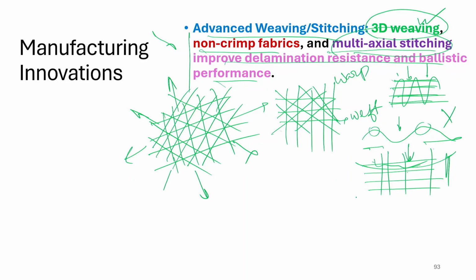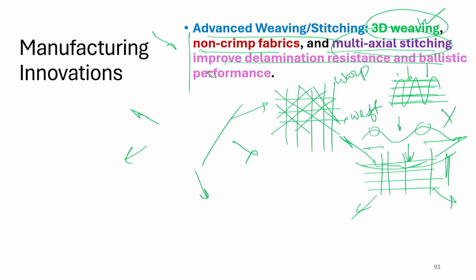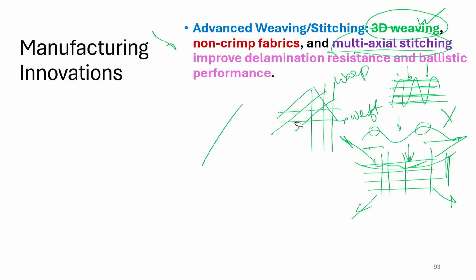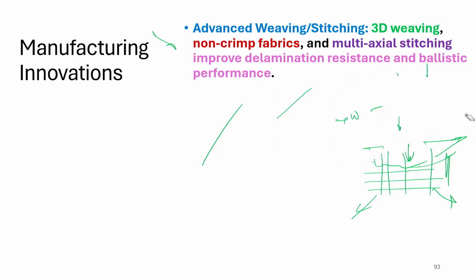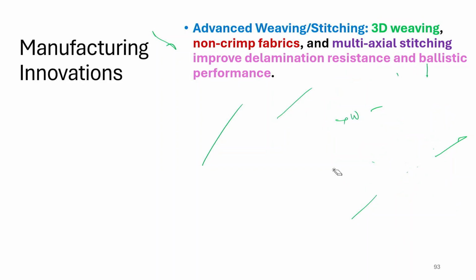Otherwise, in normal fabric it will not carry the load in other directions. That is the advantage of this multi-axial stitching, and due to this 3D weaving or multi-axial stitching process, the delamination resistance is improved.